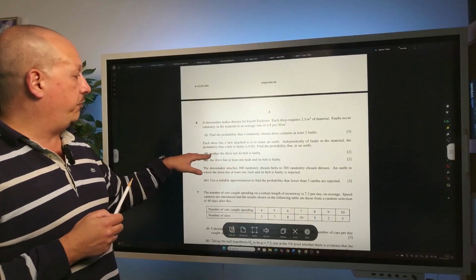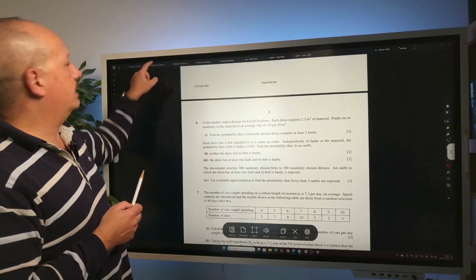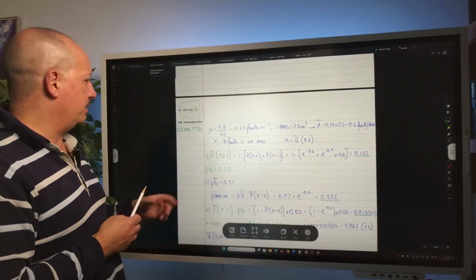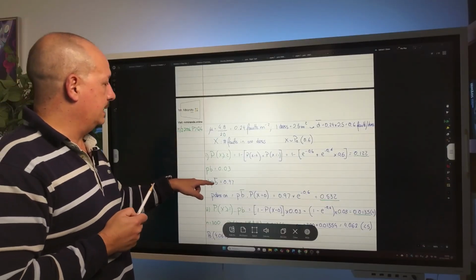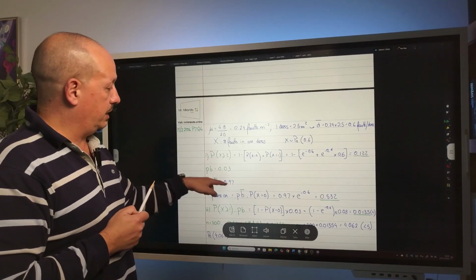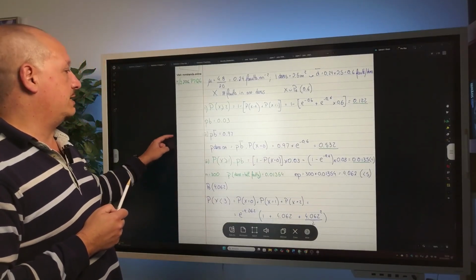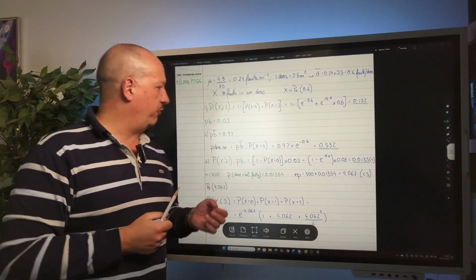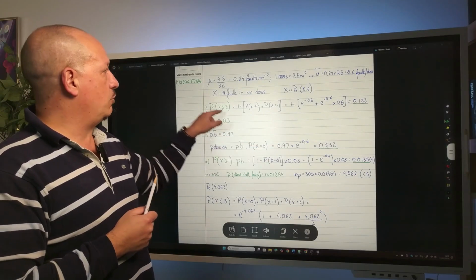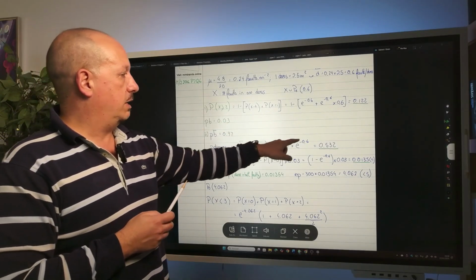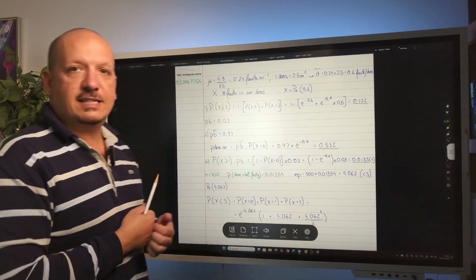We need to figure out now the probability that the dress is not faulty, and then multiply them together to get the final answer, right? So the probability that the belt is not faulty is 0.97. The probability that the dress is okay, so neither one is faulty, is this one times the probability that x equals 0. So I just apply the formula and multiply by 0.97, and that's the answer.